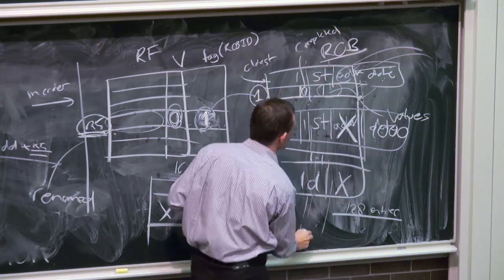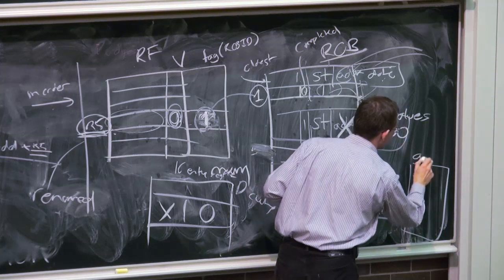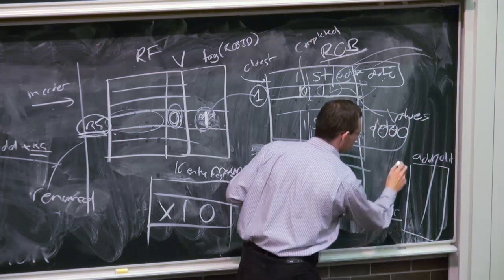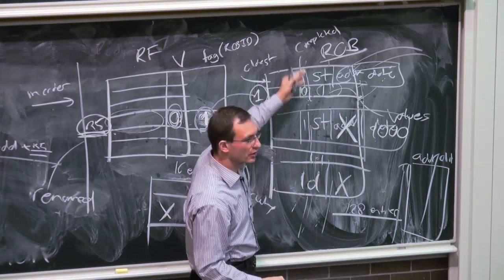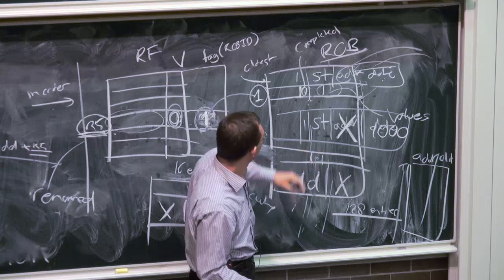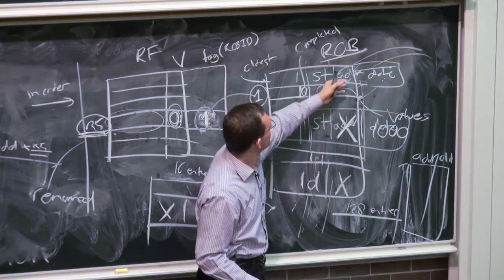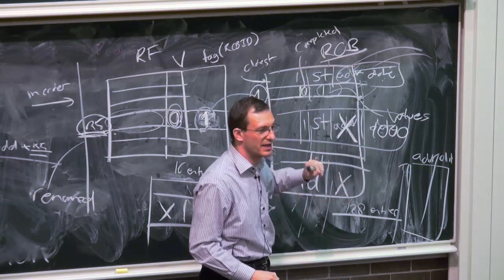They still keep the information about the stores, but they also have a special store buffer that contains addresses and data of the stores in order. And this can be much smaller. If your reorder buffer size is 100, and only 20% of your instructions are stores, you don't need to store address and data for every entry.